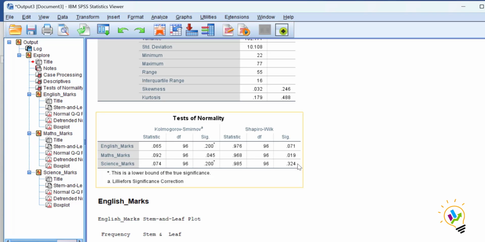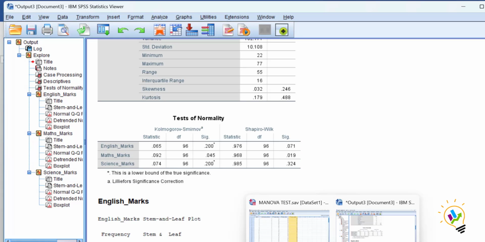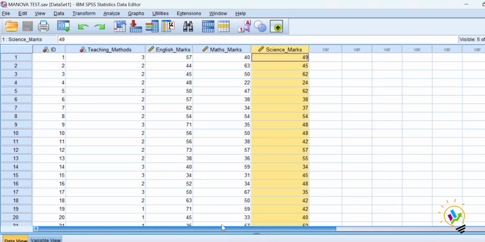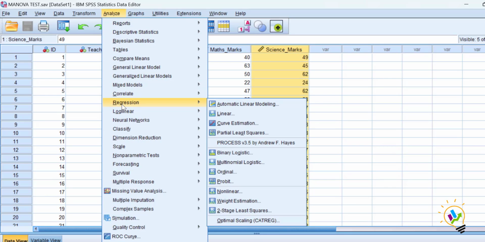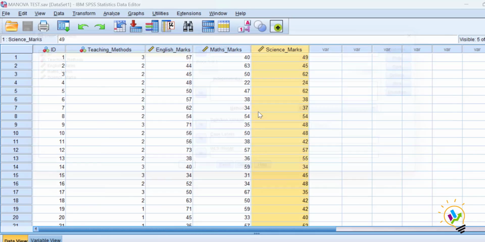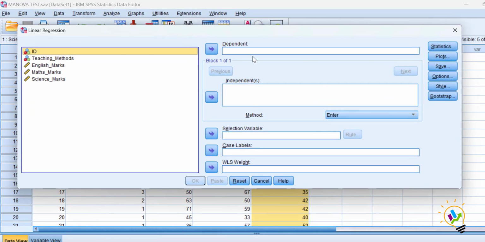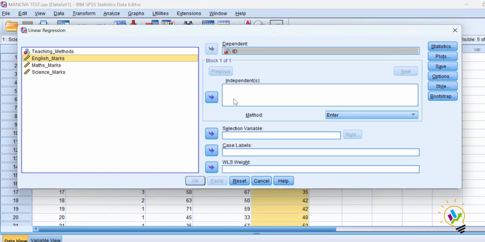For that purpose, go to Analyze, then Regression, then Linear. Take the dependent variable as ID. ID is nothing but the sequence of respondent numbers. And take English marks and science marks.